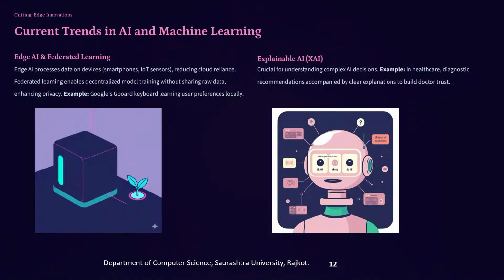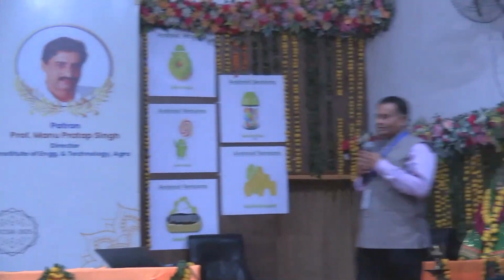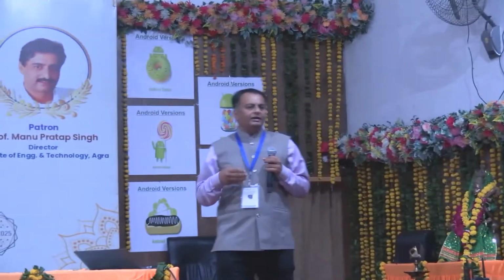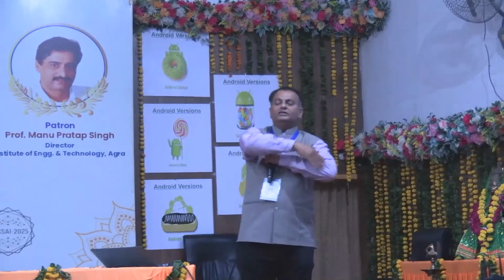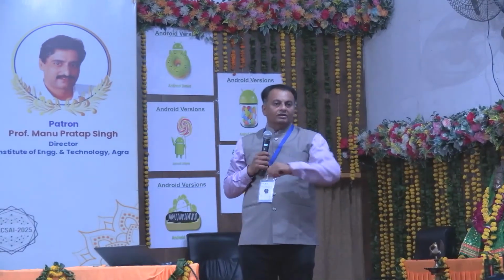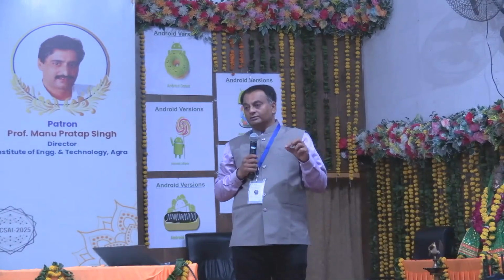In the same way, explainable AI is also a new concept currently going on. Explainable AI is about crucial understanding of complex AI decisions. Mostly it is used in healthcare for diagnosis and recommendation. My own work is also like that: based on the X-ray elbow image, we are identifying bone tumor.